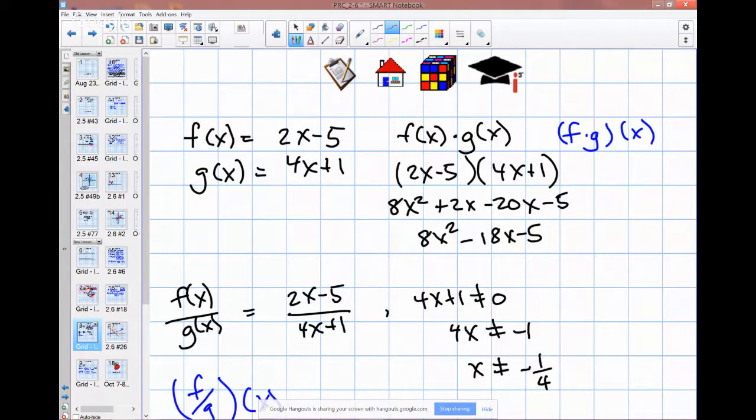to the second example. The same two sample functions, and this time, now we're on our third thing. This time we want to multiply the functions, f times g of x, shortcut notation, which you will see in the book.